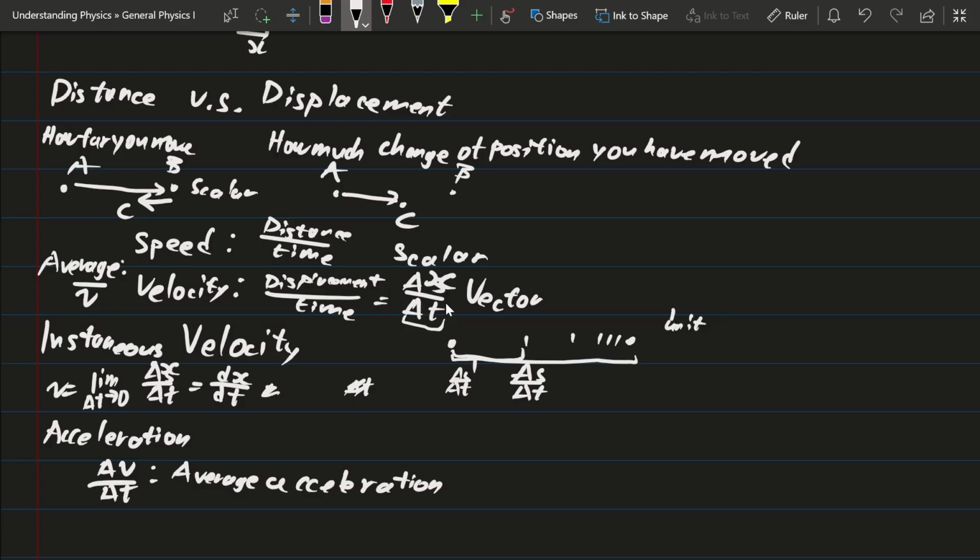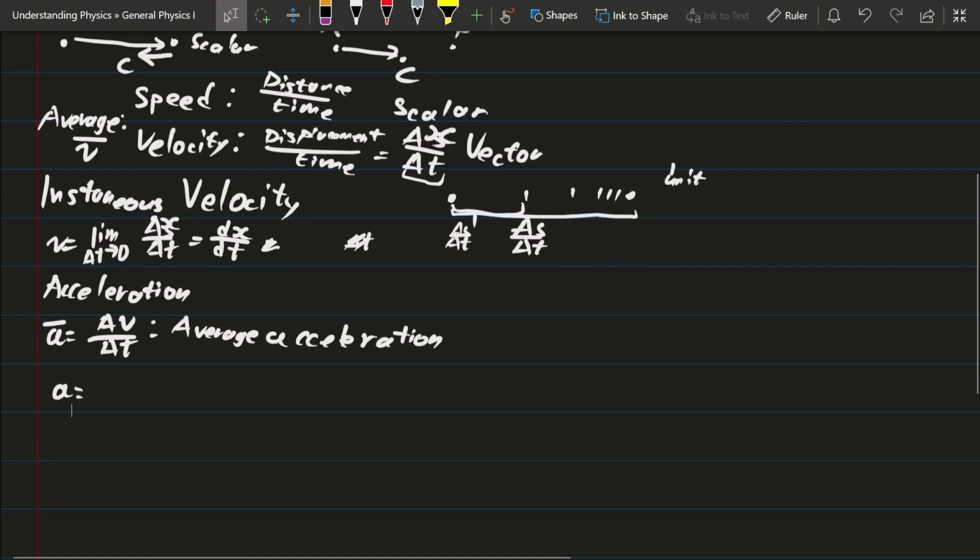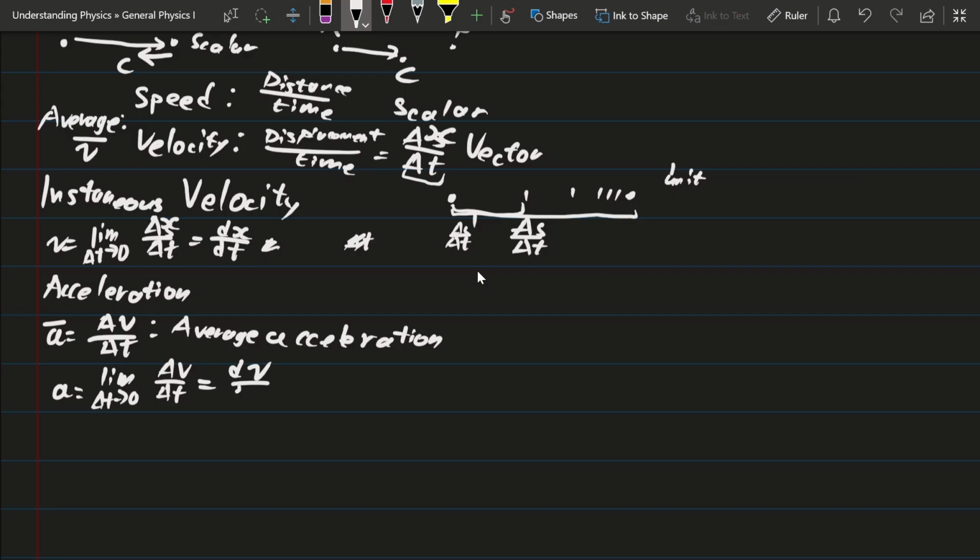So the average acceleration could be written as a bar, while the instantaneous acceleration, or you could just call it the acceleration, will be the limit when delta t goes to 0 of delta v over delta t, which is basically almost the same thing as you do with position. And this could be written as dv over dt. And if you substitute the v, you would obtain d squared x over dt squared, or basically the second derivative of your position.